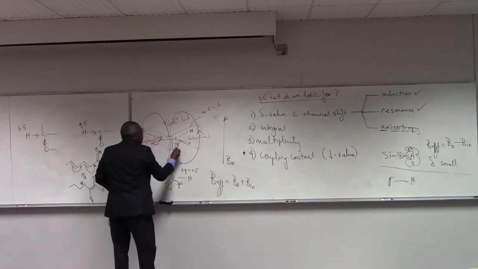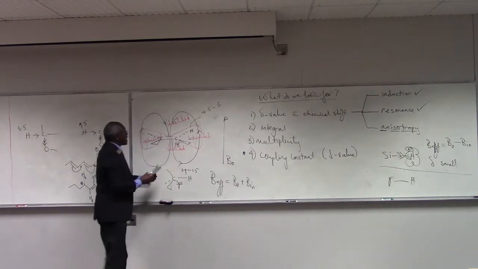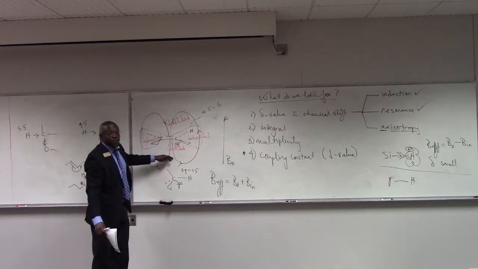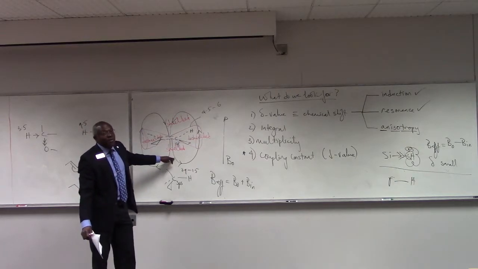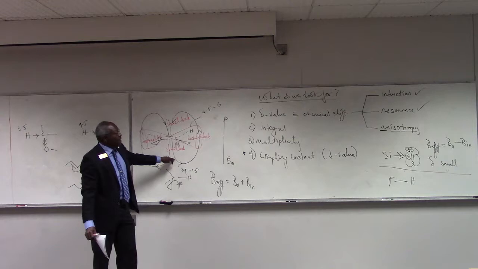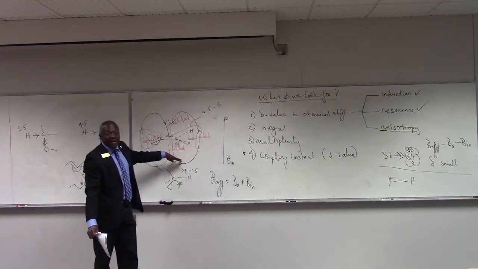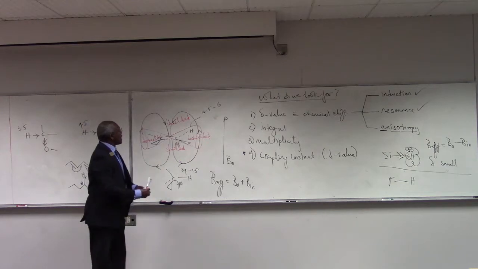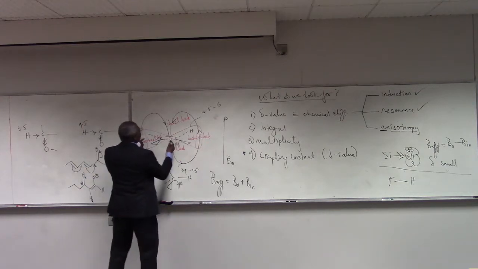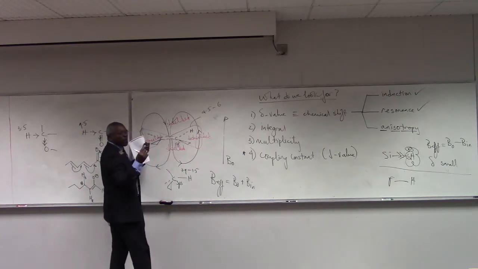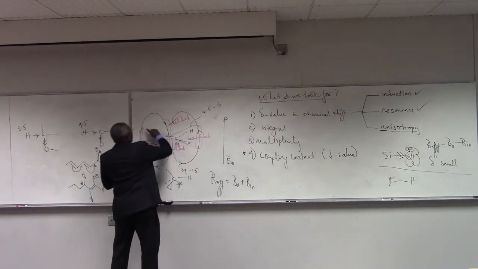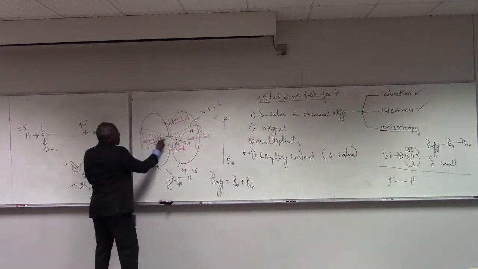So if you are a proton that finds itself in the shielded cone, your delta value is going to be very low. If you happen to be in the de-shielding cone, your delta value is going to be very, very high. Okay? And obviously, by the way, I can see this as 4 different cones. There's a cone here, there's a cone here, a cone here, and a cone here.